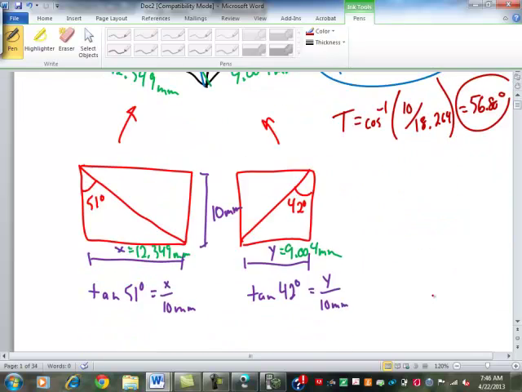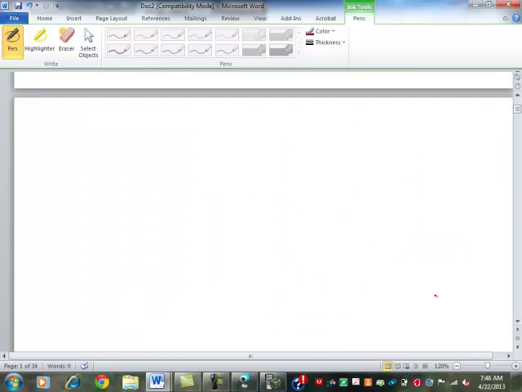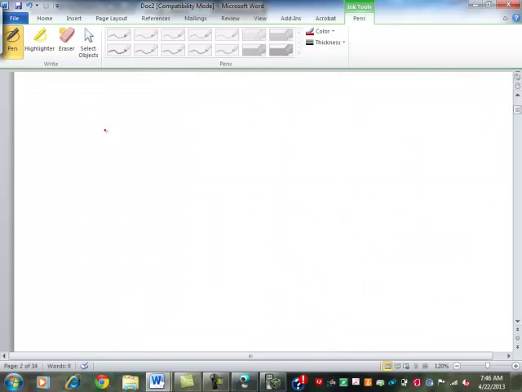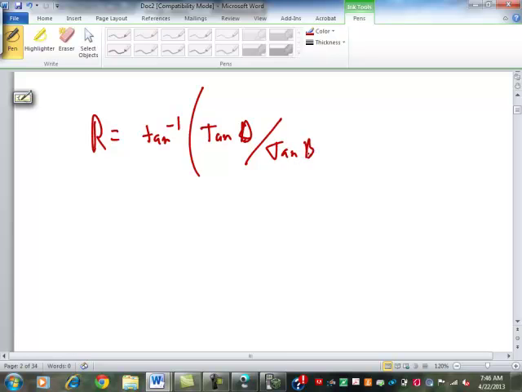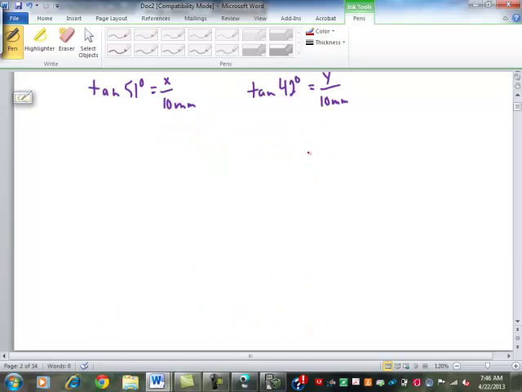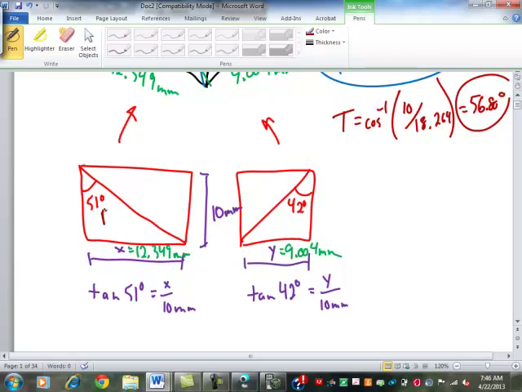Now your packet does give you a shortcut for calculating these. R, the rotation, is the inverse tangent of tangent of angle D divided by the tangent of angle B. But remember, D is the side view and B is this end view.